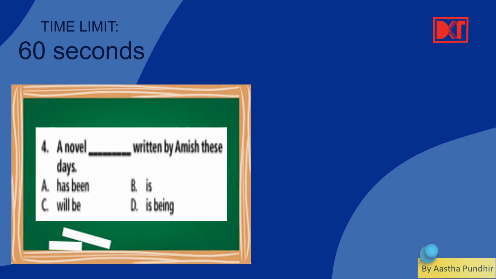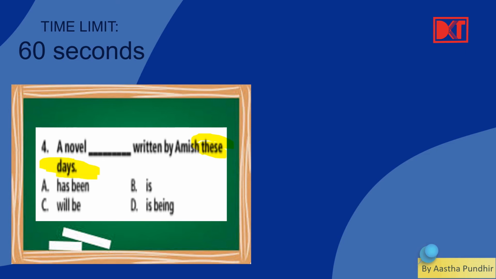Okay, here: a novel dash written by Amish these days. Has been written, is written, will be written, or is being written. Now the word which is giving us the hint is which one? Here you see, these days. So we are talking about the present.